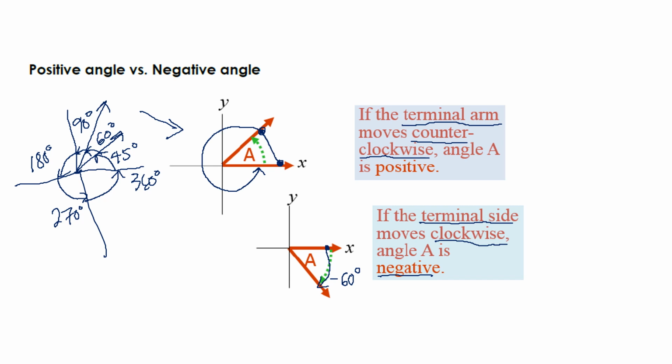If the terminal side moves again clockwise, going to the y-axis, this one becomes negative 90 degrees. Then if it moves again clockwise, that becomes negative 180 degrees. Again, if it moves clockwise, going to the y-axis, this becomes negative 270 degrees. Again, move going to the x-axis, this becomes negative 360 degrees. So that is the difference between a positive angle and a negative angle.